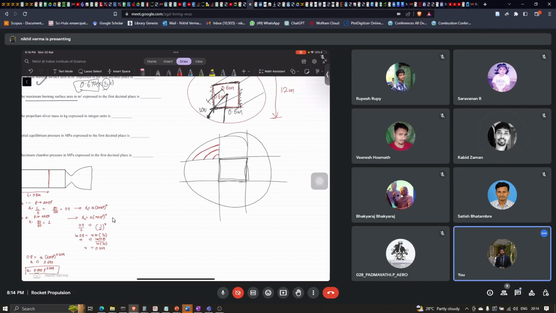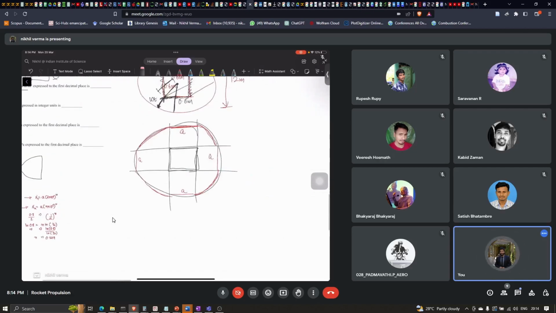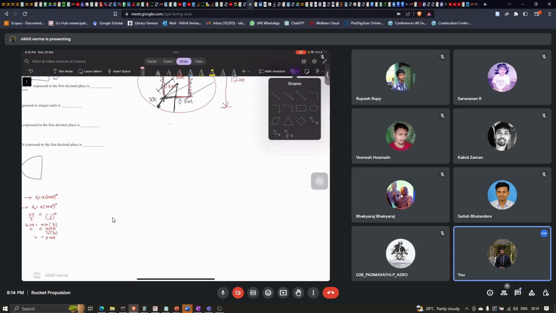And this again will be equal to a. This is a, this is a, and this is a. And then you will be having surface area like this. Correct? Yeah, correct. So maybe I'll draw it properly.